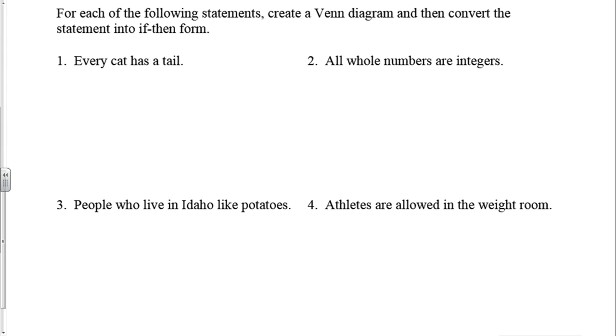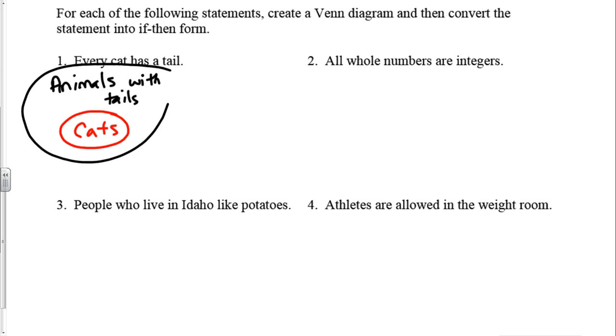Okay, so every cat has a tail means all your cats have to be inside of the circle that you could just write tails, but I would say animals with tails. And that's what your Venn diagram is going to look like.